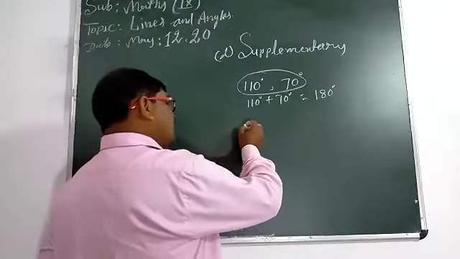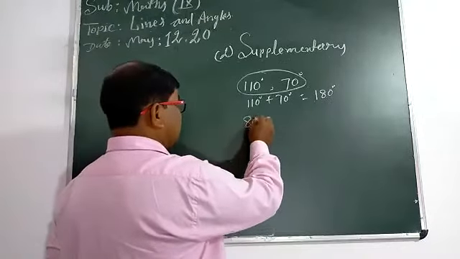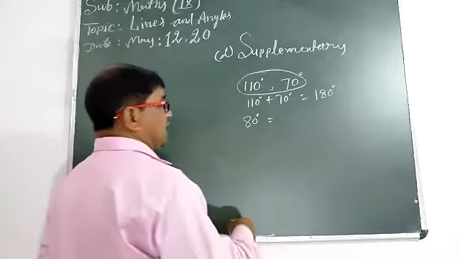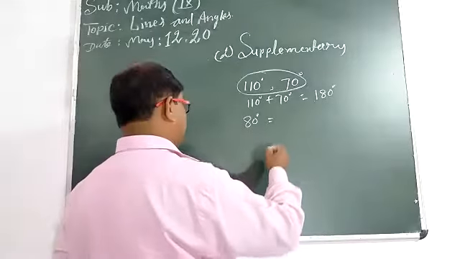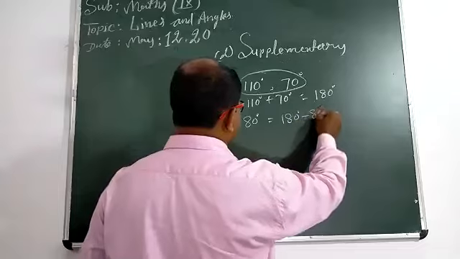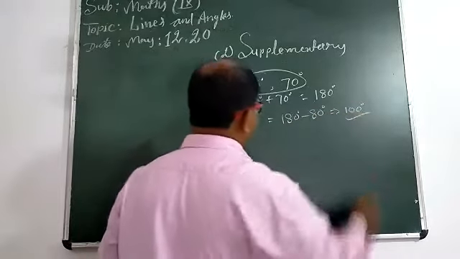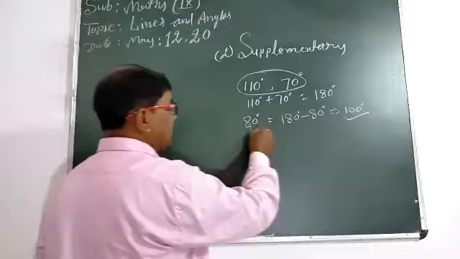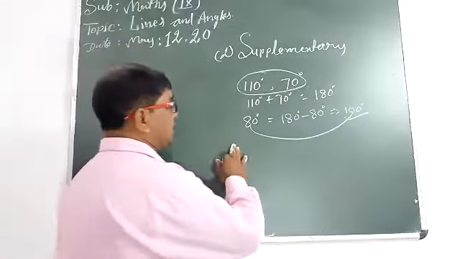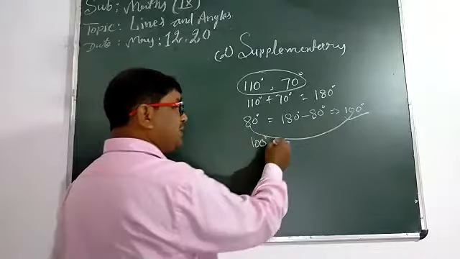Suppose that the measurement of one angle is given as 80 degrees, then what is its supplementary? Now we can take help from the property: 180 degrees minus 80 degrees equals 100 degrees. So 100 degrees is called the supplementary of 80 degrees. If the measurement of one angle is given as 100 degrees, then what is its supplementary?